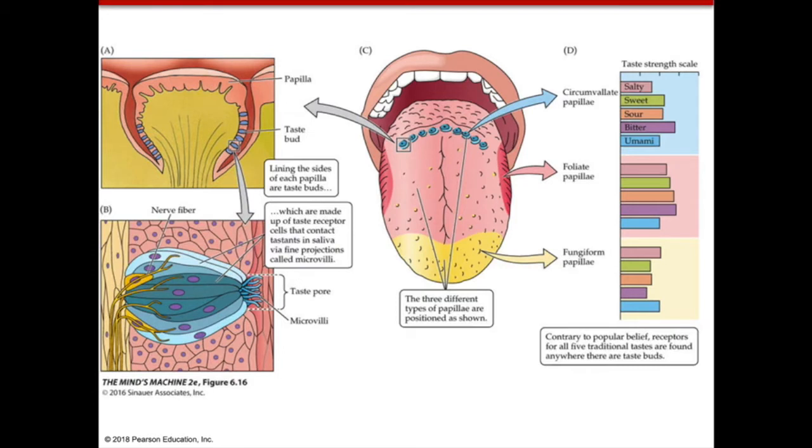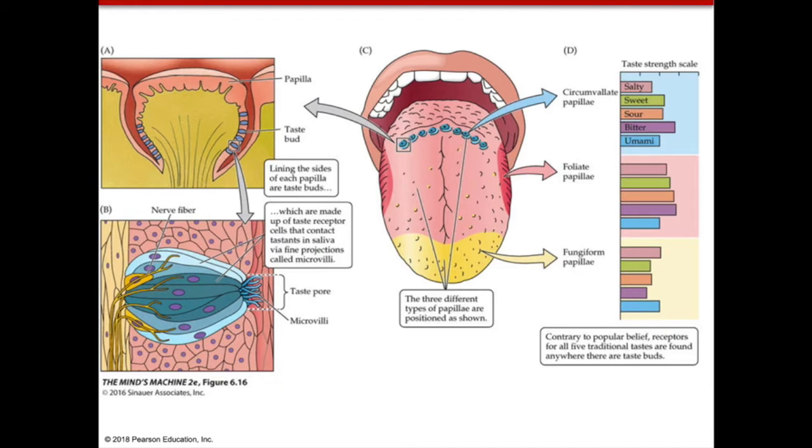So we have 5 tastes. We have salty, sweet, sour, bitter, and umami. Some textbooks give us the impression that there's a map for taste on the tongue.